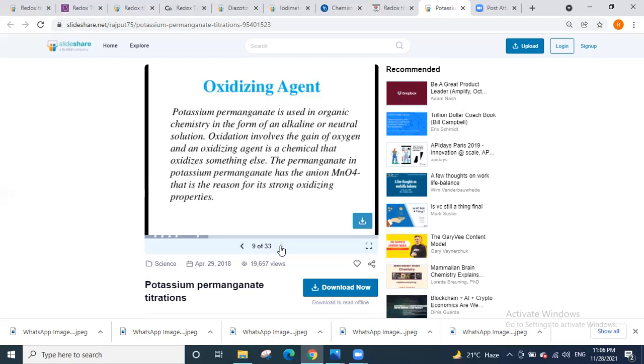In the presence of potassium permanganate, potassium dichromate will be oxidized. Potassium permanganate acts as an oxidizing agent, and in its presence potassium dichromate acts as a reducing agent. An oxidizing agent oxidizes the other and self-reduces; a reducing agent reduces the other and self-oxidizes.